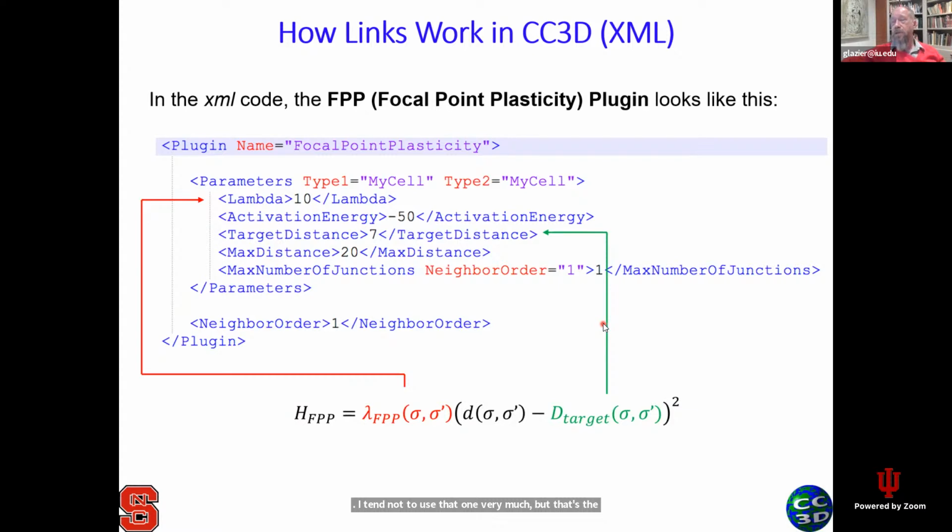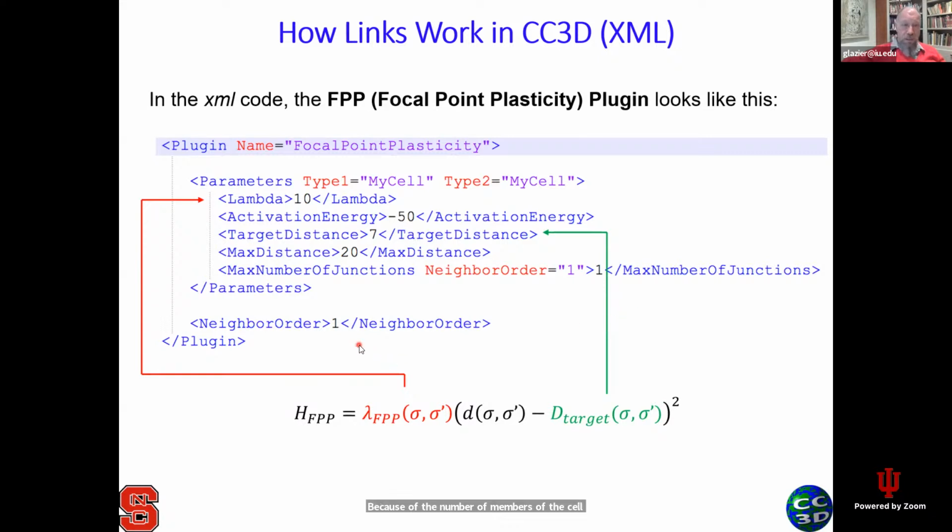The other thing that we could do is we could say that for any given cell, there is a maximum number of links that cell is allowed to make. That's an integer, and it has to be at least 1. If we tell the cell not to make any links, then it won't. But typically it could be a number like 2 or often 6 because of the number of neighbors of the cell.